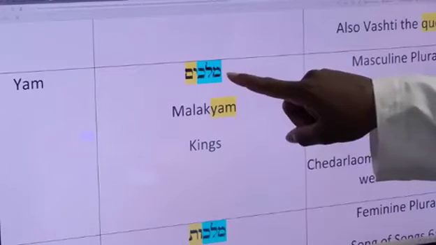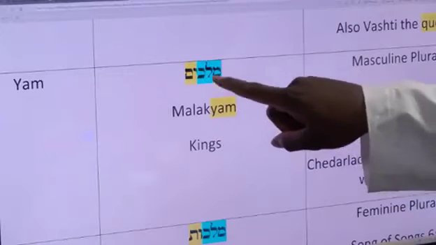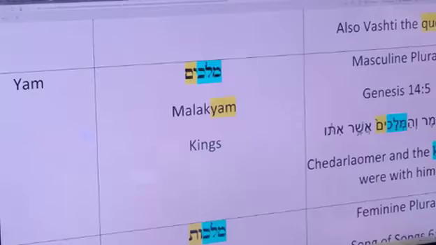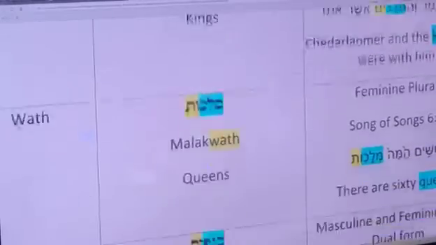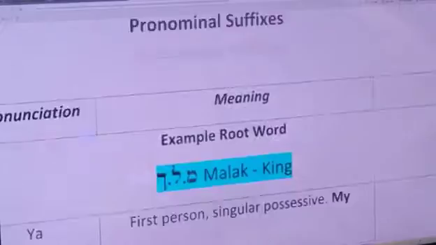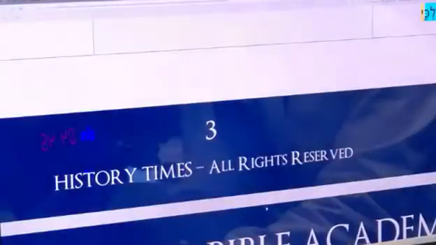For example, it changes the masculine singular malak to the Hebrew word malakim, a masculine plural, meaning kings. So some people will say, well, I thought that yum signified plurality.